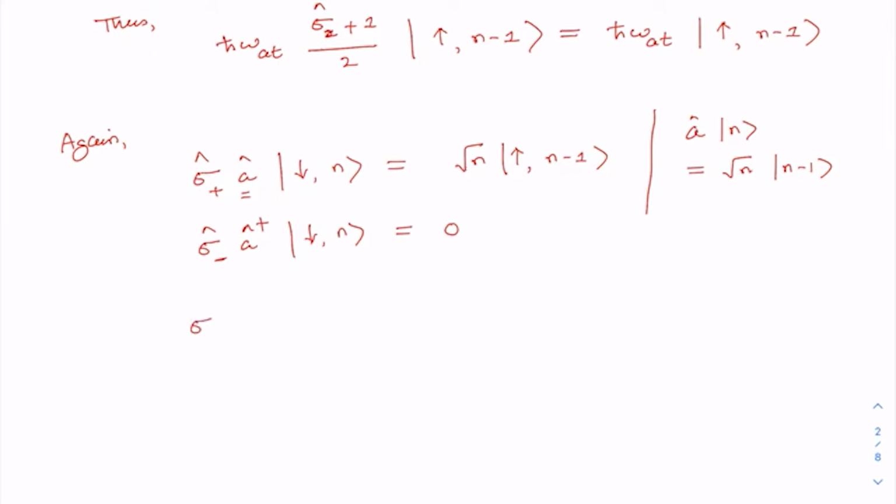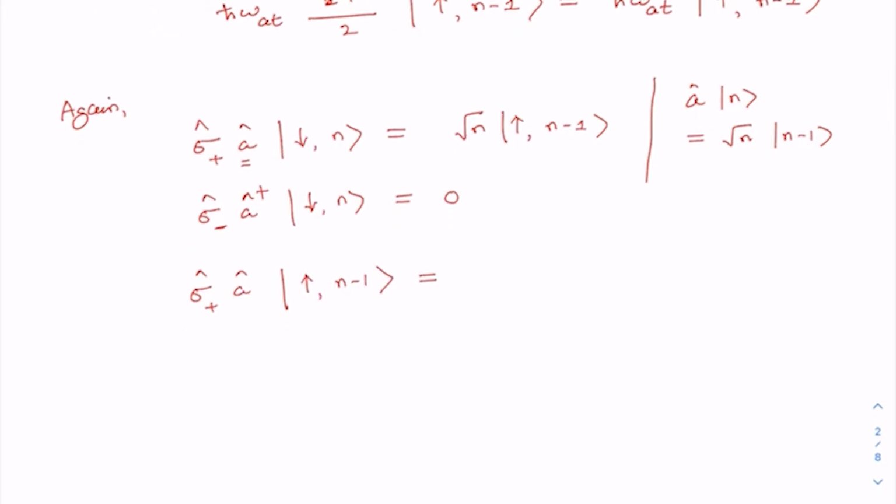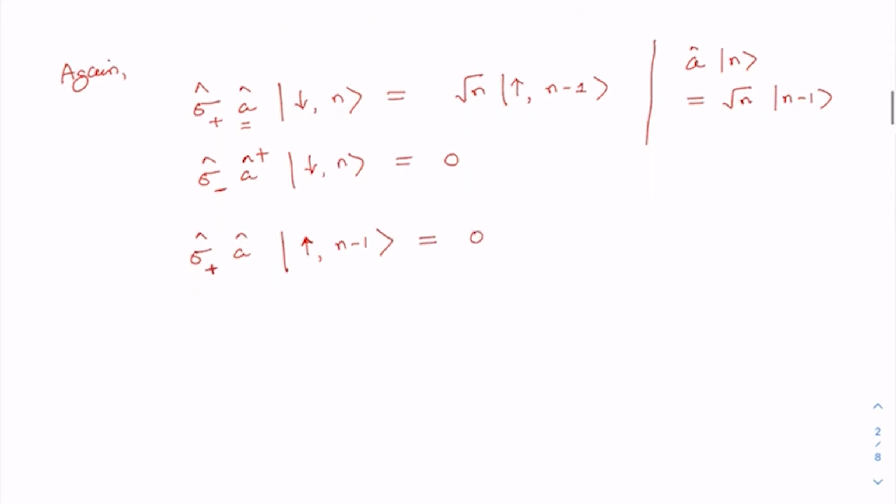On the other hand, if you look at the other basis state, σ+ a, when it acts on the atom in the excited state with n-1 photons in the field mode, then σ+ cannot raise it, because you have only two atomic energy levels and it is already in the excited state. So here you will get 0.